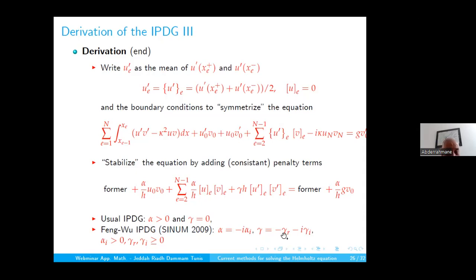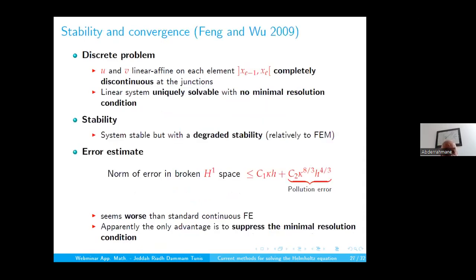And the real part can be considered as a mass added term at the junction.